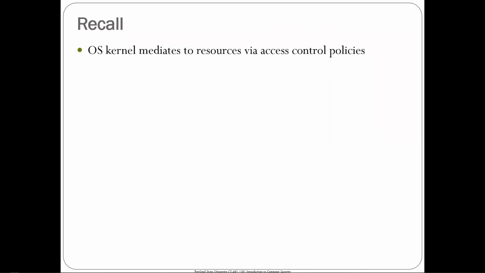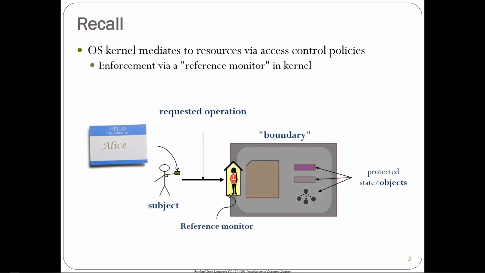If you recall, that very first week, we talked about what access control models do. When you have an access control policy, it's up to the operating system kernel to enforce whatever policy you have specified for your system, and that's done with a reference monitor.